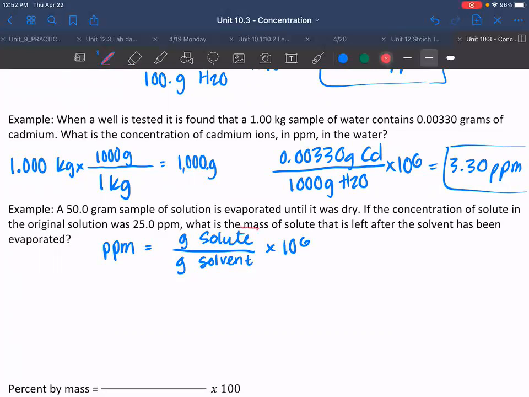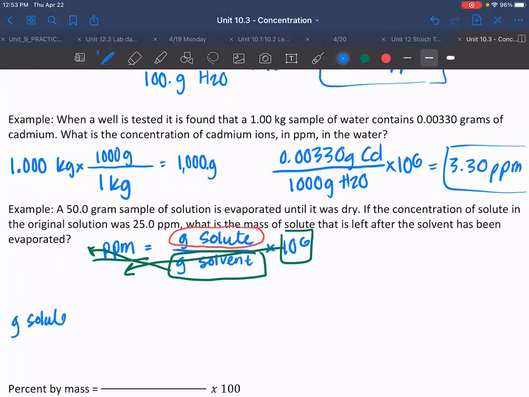That means we are solving for this top number here. Solving for the top number means we want to divide by 10 to the 6, so that would go over to the denominator over here. We would want to multiply by grams of solvent, moving to the numerator on the other side. That gives us the equation: grams of solute is equal to ppm times grams of solvent divided by 10 to the 6.